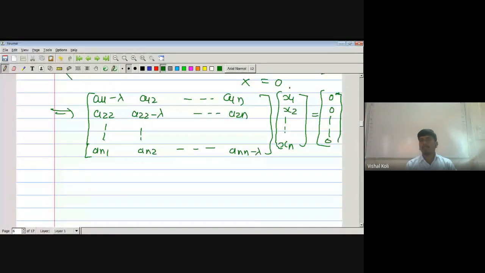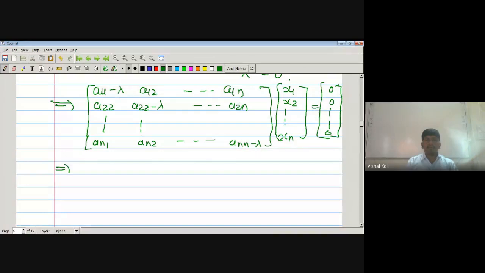So this can be written as a11 minus lambda into x1 plus a12 x2 plus up to a1n xn, which is equal to 0.